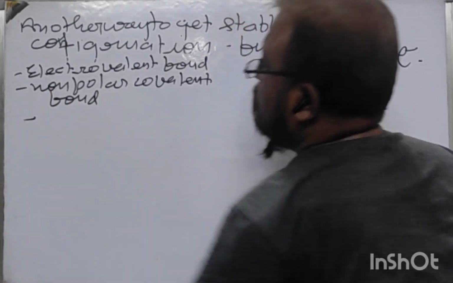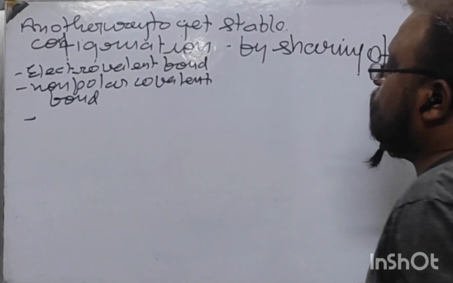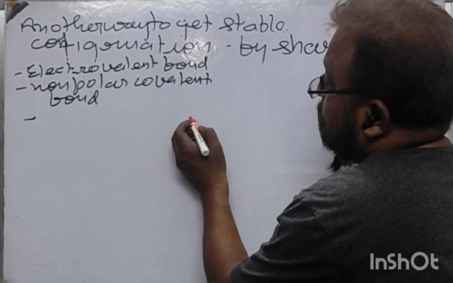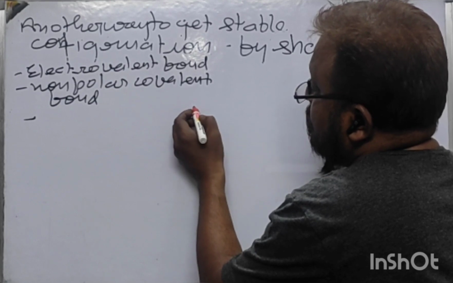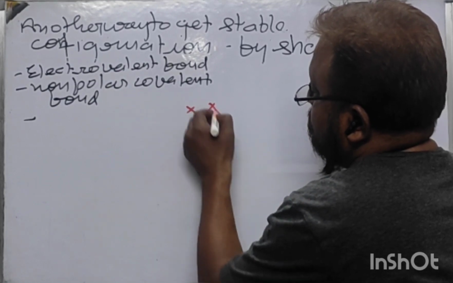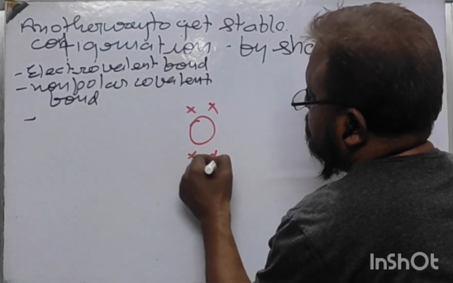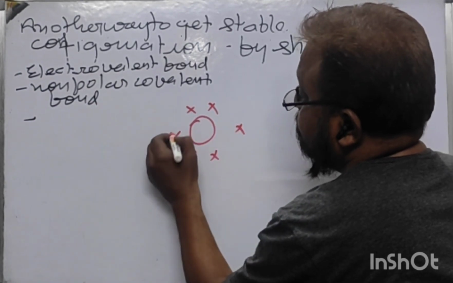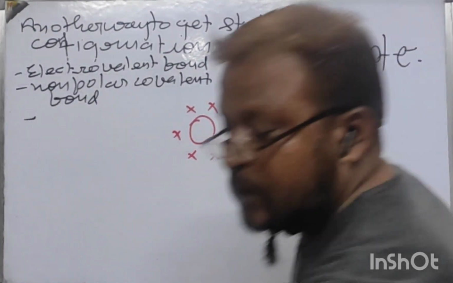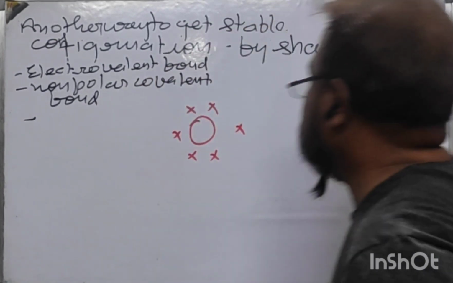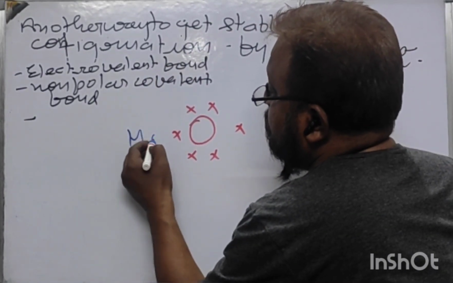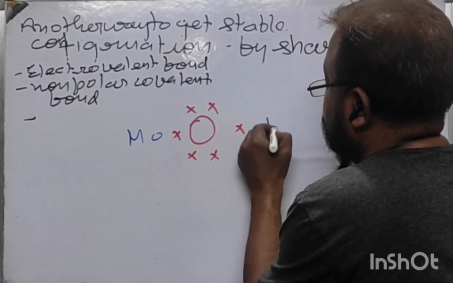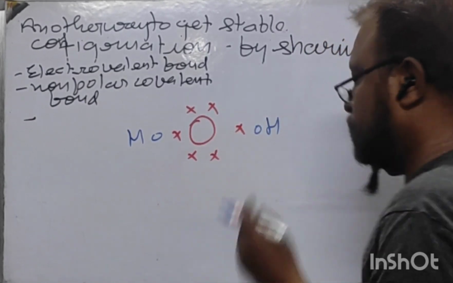Now take the example of water. Oxygen has 6 electrons in its outermost shell, right? And hydrogen has 1 electron in its outermost shell, right?